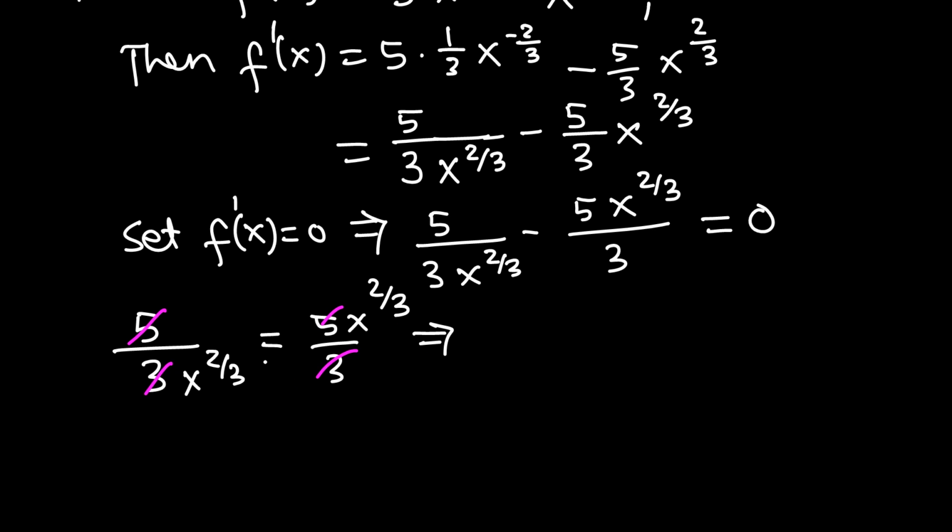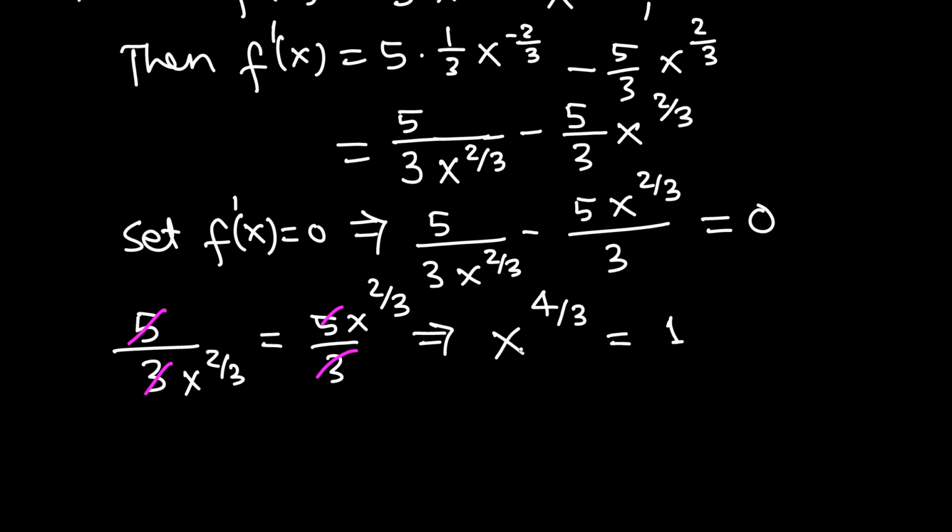Let me multiply this way. x raised to 2/3 times x raised to 2/3, that's x raised to 4/3. Okay, multiply means we add the exponents. So x raised to 4/3 is equal to 1. So in fact 15, but we cancel 15. Okay, so x raised to 4/3 equals 1.